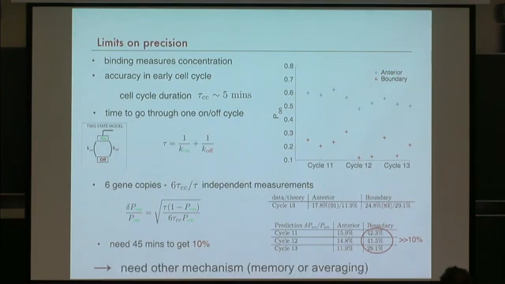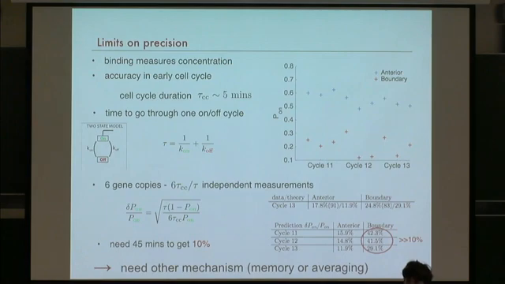So what we conclude from that is that there's something else going on. Either there's some memory mechanism or some averaging mechanism. Averaging has been proposed, and right now I personally think that is the most likely thing going on.